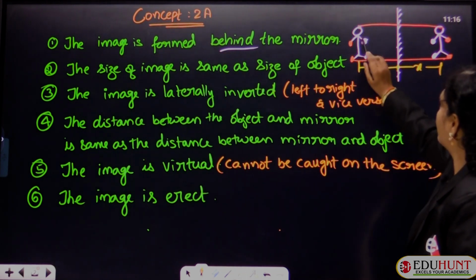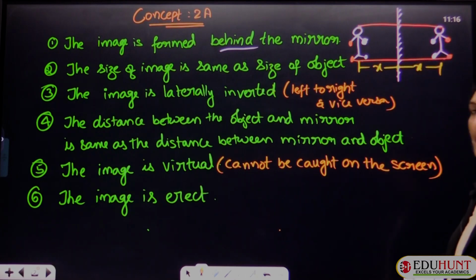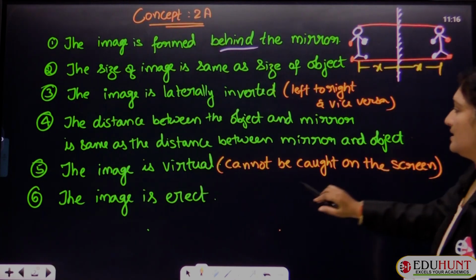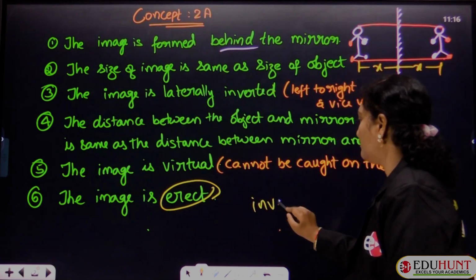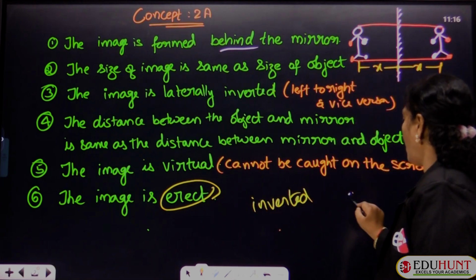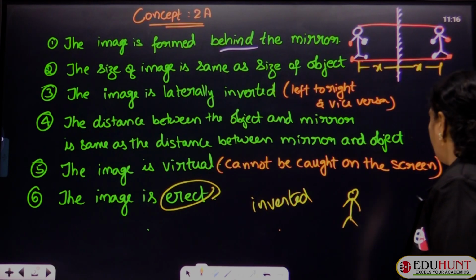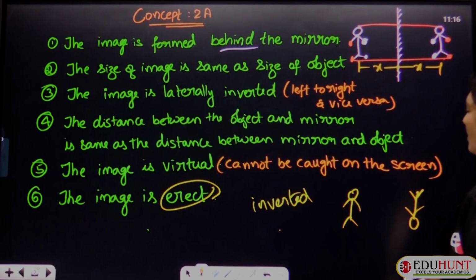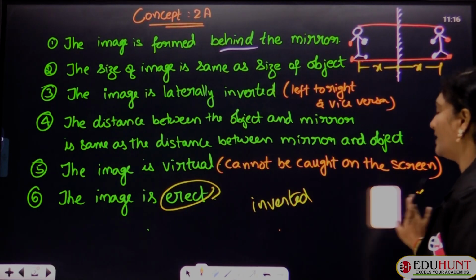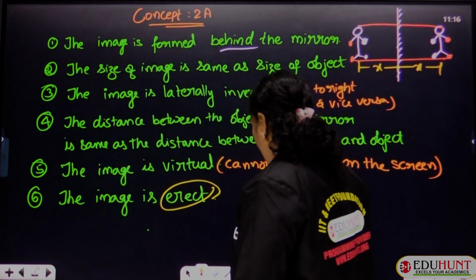Erect means if the head is up, head is also up only. Opposite of erect is inverted. Inverted means, suppose the object is something like this, and the image is observed something like this, then it is called an inverted image. So we are not getting any inverted images in the mirror.